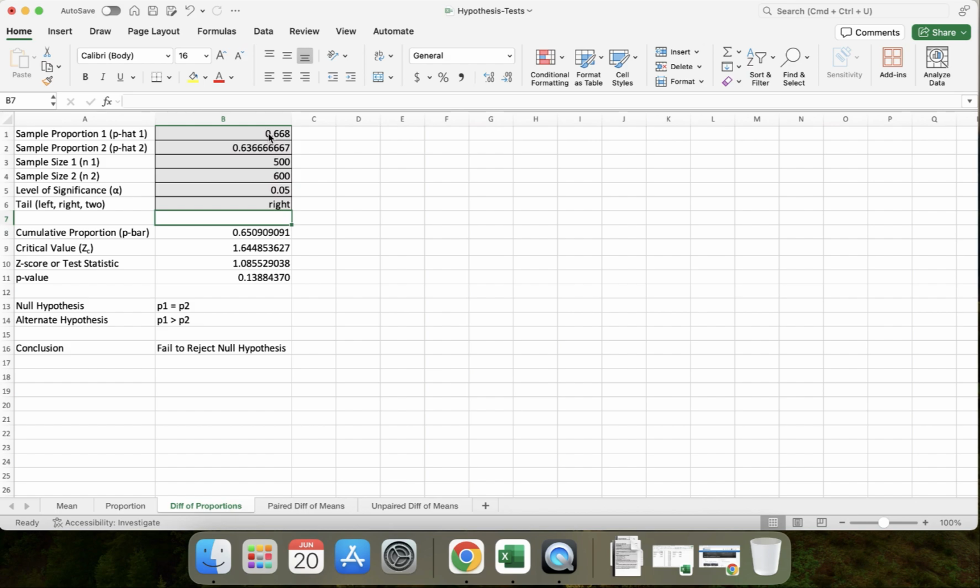Our p-value ends up being 0.1388437. So pretty high p-value, 13%. Our conclusion in this case would be that we fail to reject the null hypothesis.